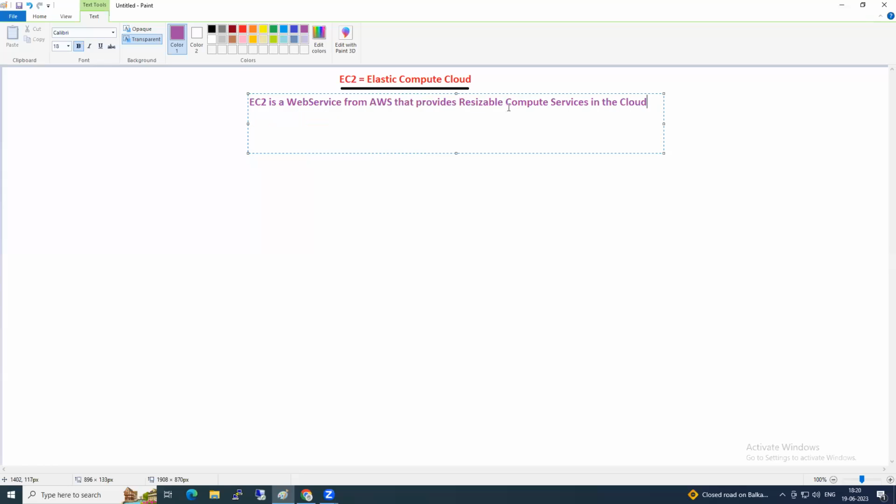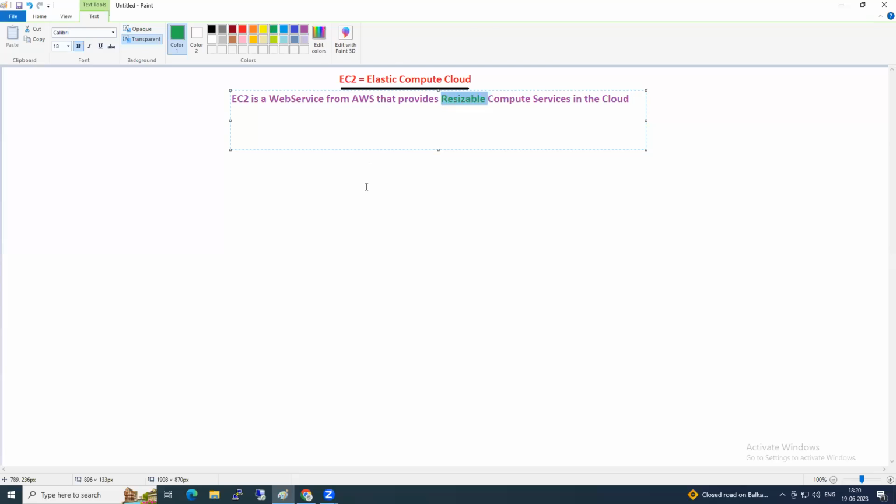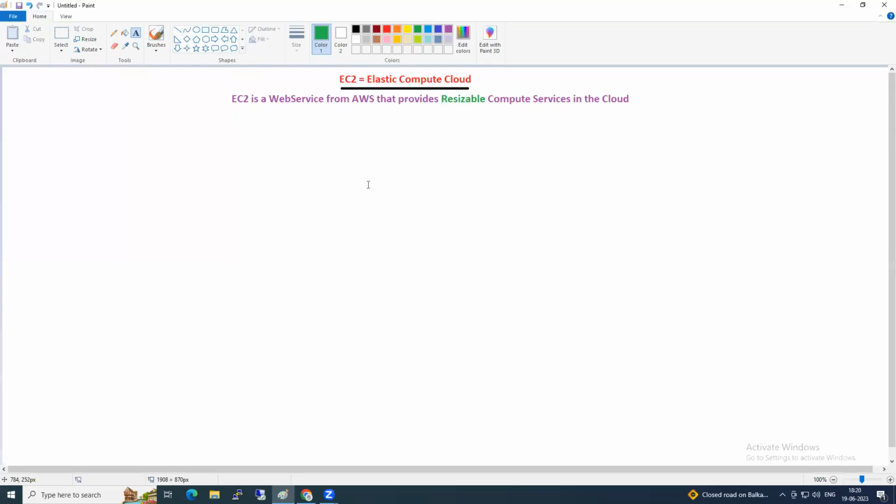This is a very simple definition of EC2. EC2 is a web service from AWS that provides resizable compute services in the cloud. So here the question is, what is resizable?